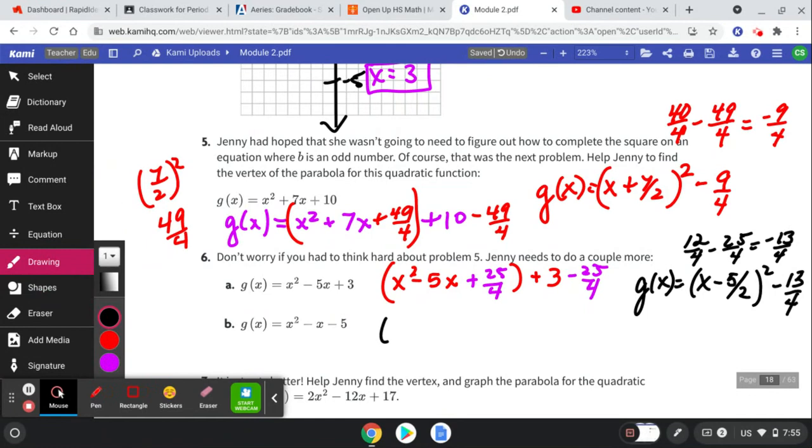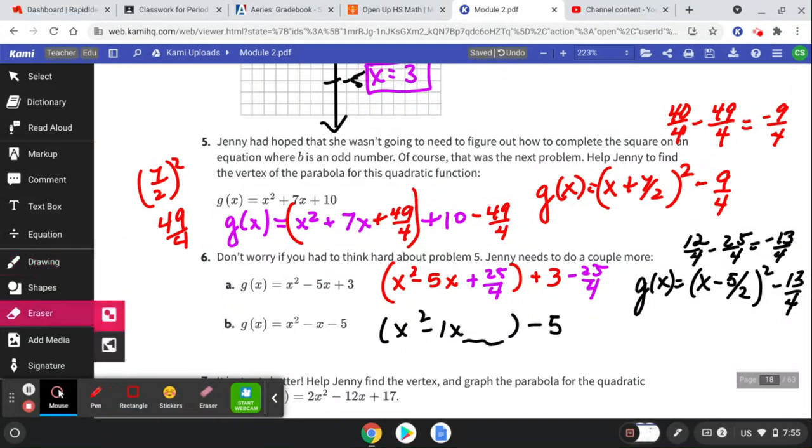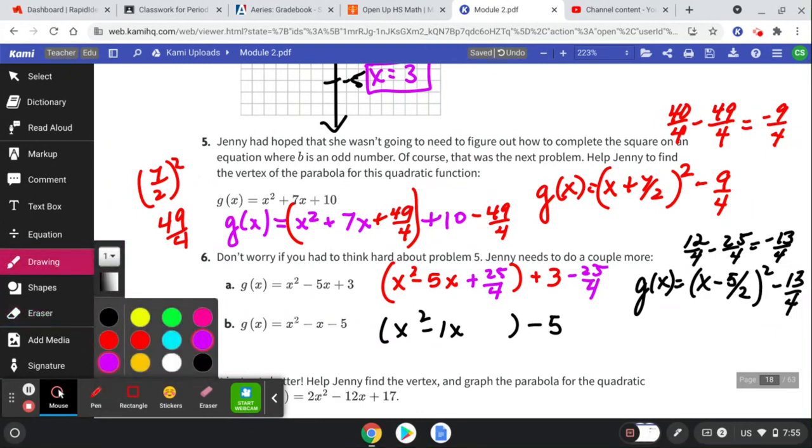All right, get this one ready. The x squared minus 1, or invisible 1, x. I'm going to bump the negative 5 over so we can leave space to complete this square. What's half of 1? You're right, 1/2. What's 1/2 squared? 1/4. If I add 1/4 to this, I need to subtract 1/4 to balance.